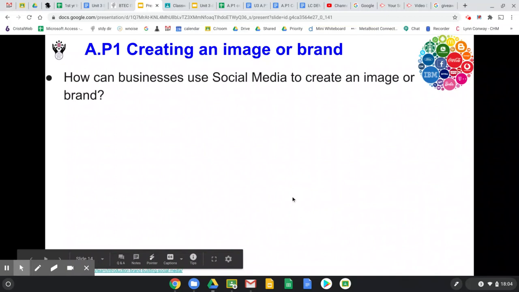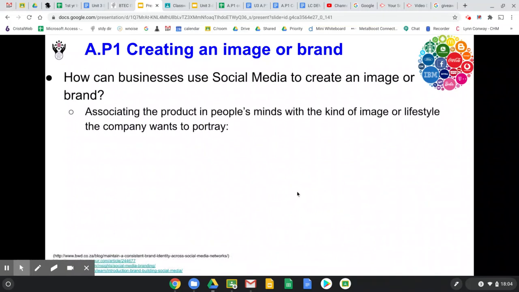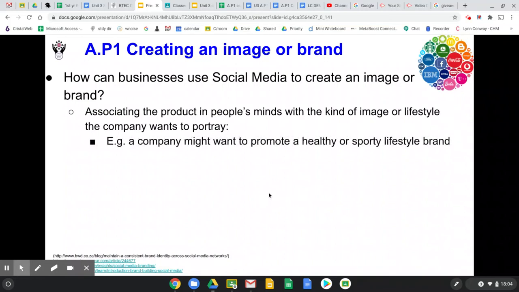So this next topic is all about showing how businesses can start to create or develop their brands using social media. So you might think about a company which is a sporty brand, Adidas, Nike, or whatever. And you might find a social media ad which really shows that they're a sporty type company. We've got people running around, looking happy, doing their martial arts or whatever.